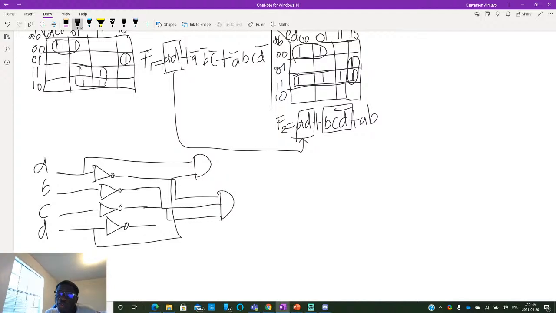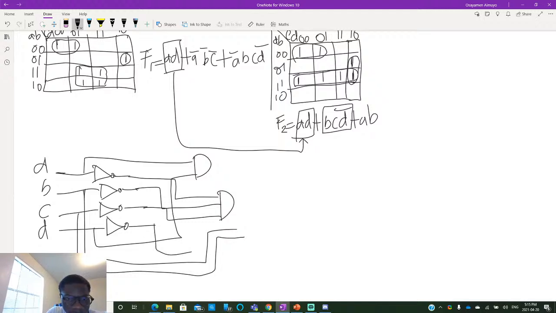And then as stated before, we would only need to create B, C, D bar, right? So let's just create that. Let's see. So we have B about here. I just have to cross those. B, C, and D bar.